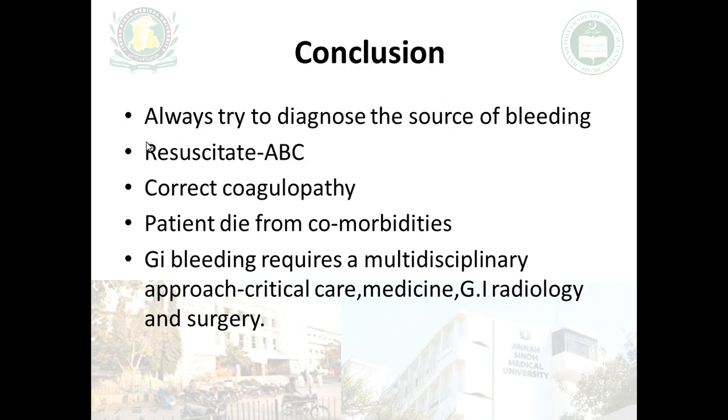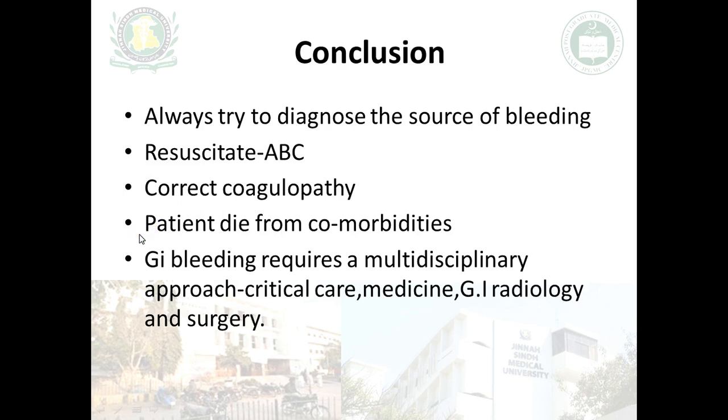Initially start the management immediately. If the patient has low blood pressure or tachycardia, or we have done the risk assessment and the patient is at higher risk, the initial management should be started without any delay. If there is any coagulopathy present, correct it.